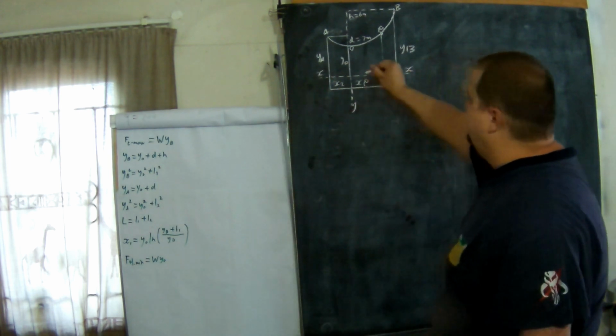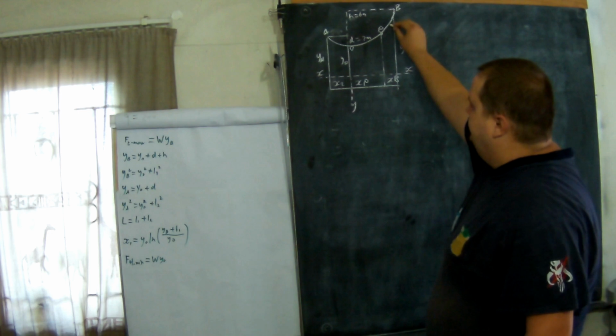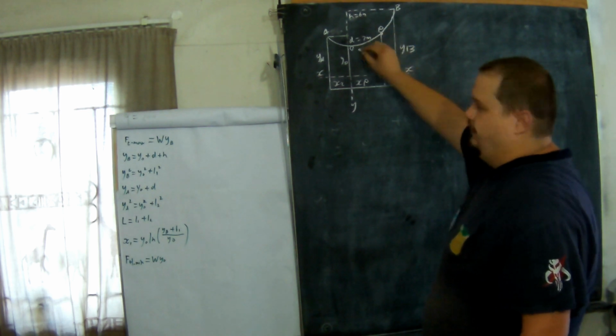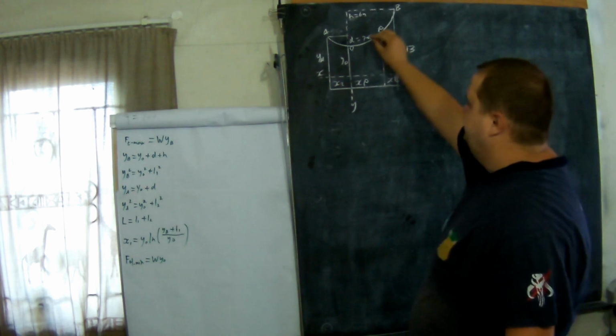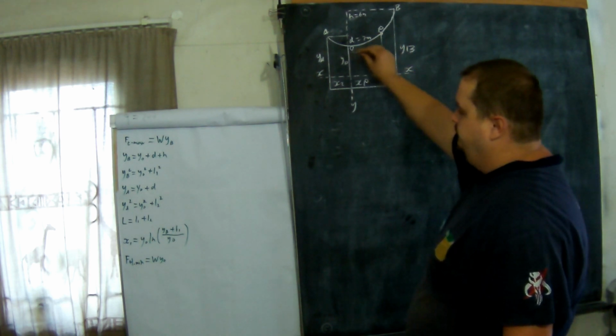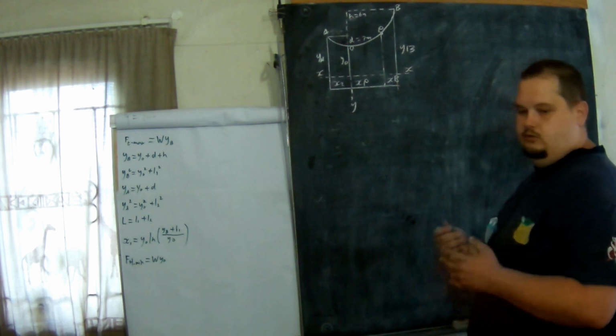L1 and L2 cannot be drawn on this drawing because they are specific lengths of the cable, and you can't draw that here.